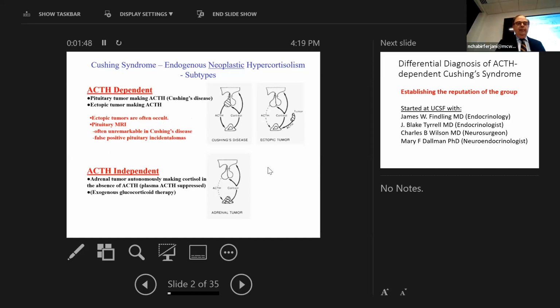After Dr. Cushing's description in the 1930s, it became clear that adrenal tumors, benign and malignant, could make cortisol autonomously without ACTH. So it's called ACTH-independent hypercortisolism and causes a syndrome similar to the one that Dr. Cushing described in his monograph in 1932.